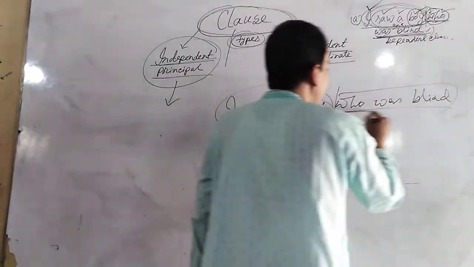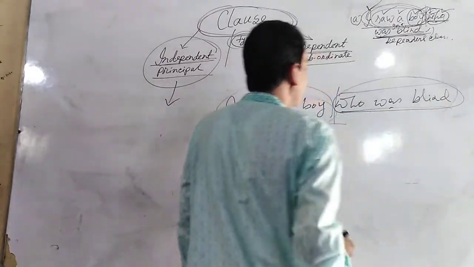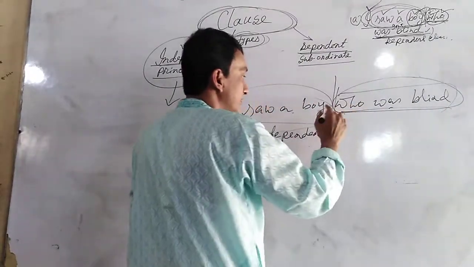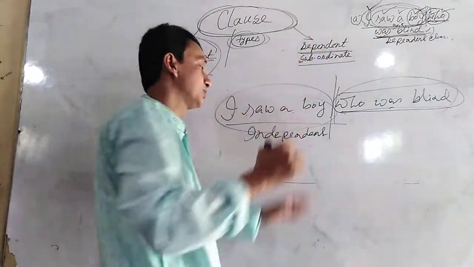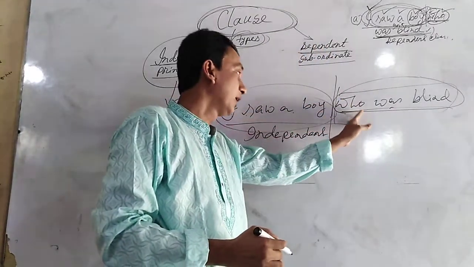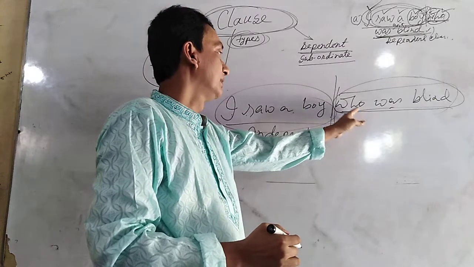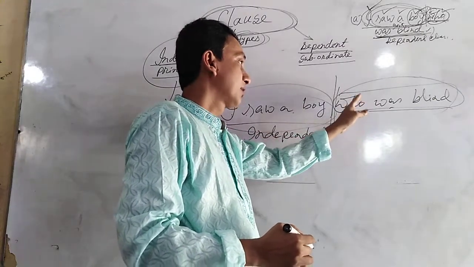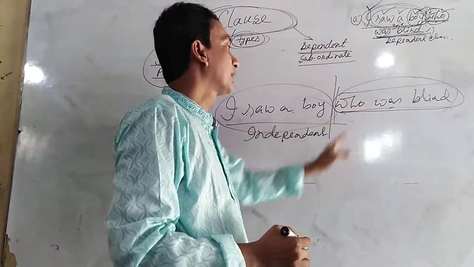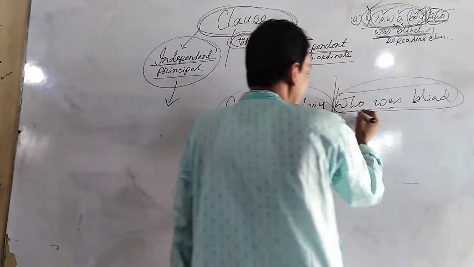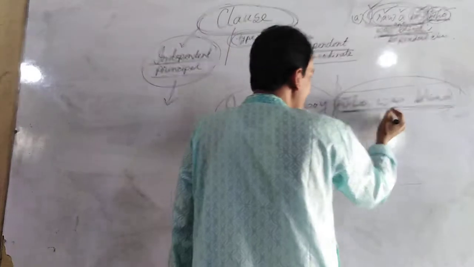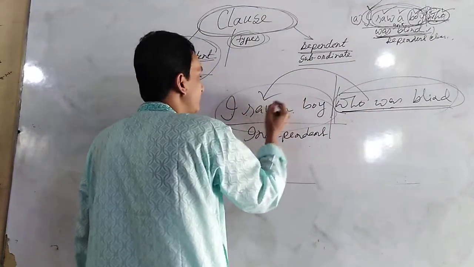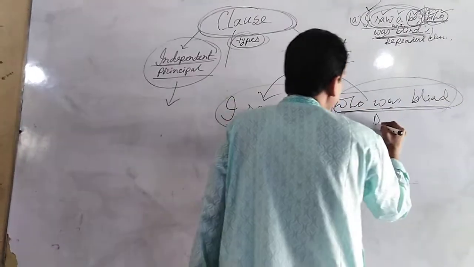But this portion, who was blind, is also a clause, but it is dependent or subordinate clause, because this clause alone cannot stand. It cannot express a thought by itself. In order to express a complete thought, this clause needs the help of the principal clause. So this is dependent.